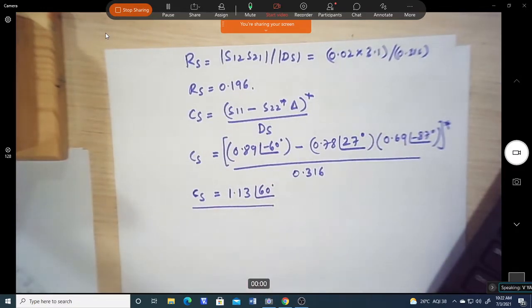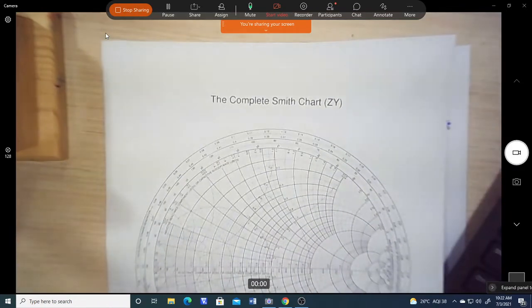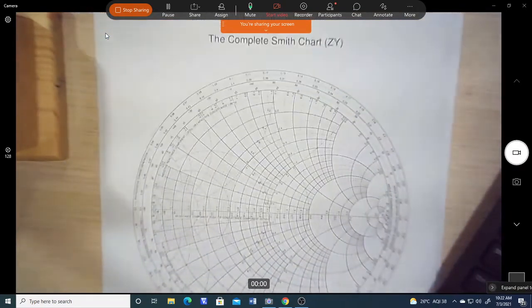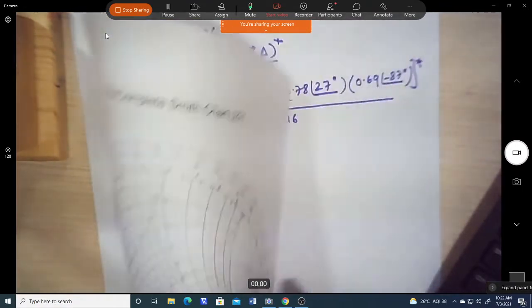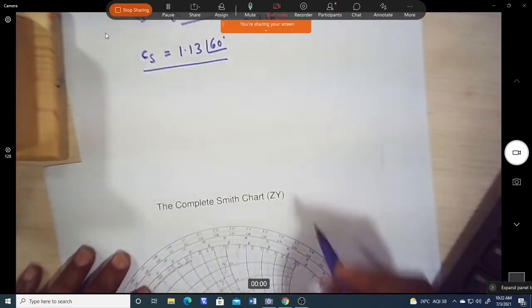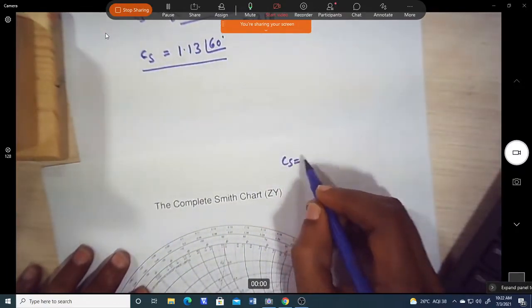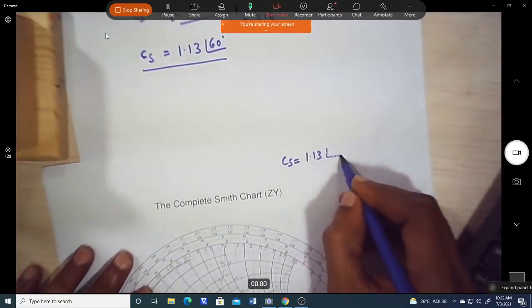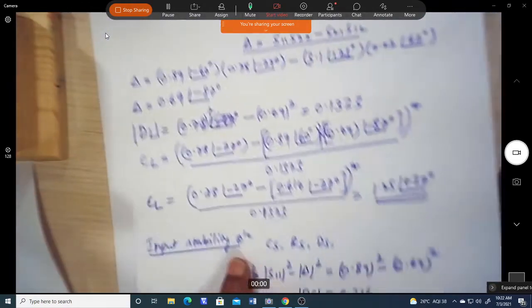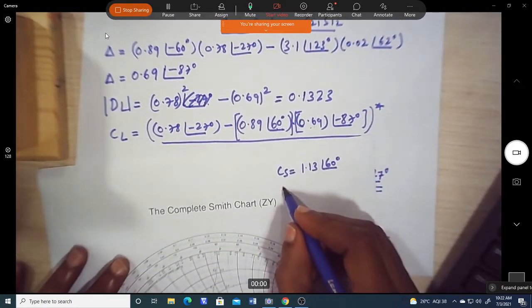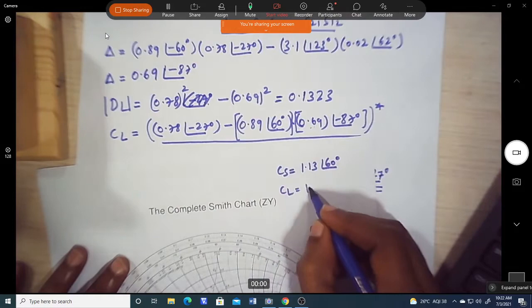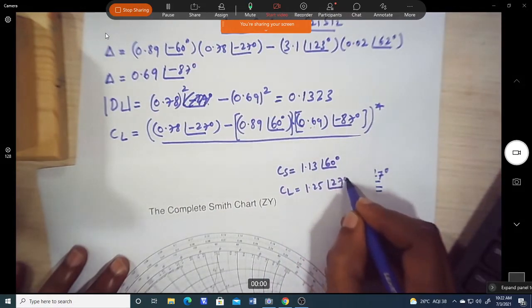Now once we obtain CS, RS and CL, RL, we need to plot those input and output stability circles. First I'll write what CS and CL values we have obtained. CS is 1.13 at an angle 60, and CL is 1.25 at an angle 27 degrees.